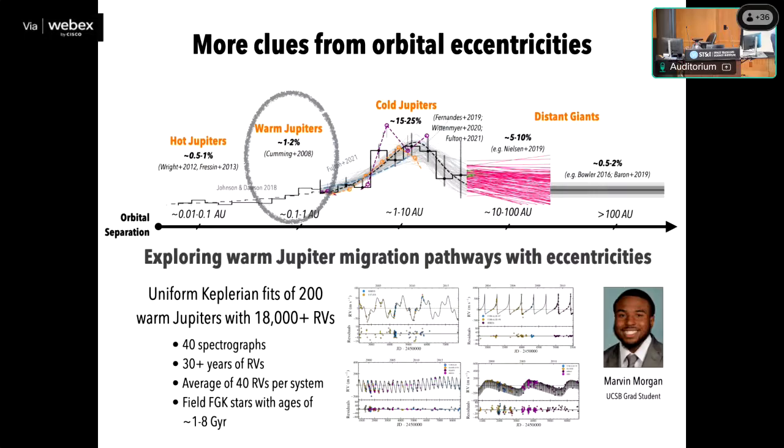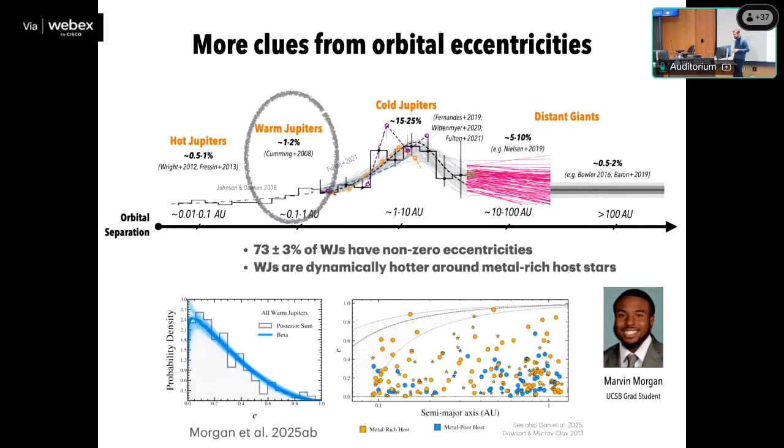They don't tidally circularize on timescales that correspond to the stellar age of the sample. These are all field stars, so a few gigayears, and he has a series of papers that focus on not just the fits, but the correlations, the underlying trends that are emerging.